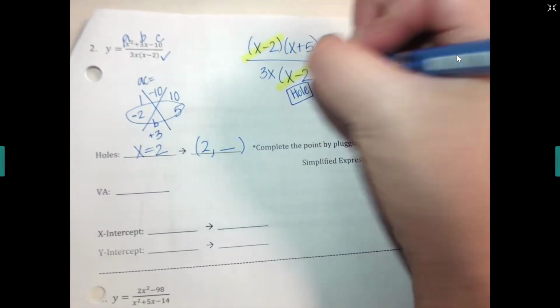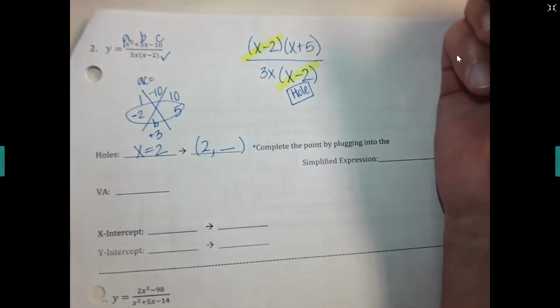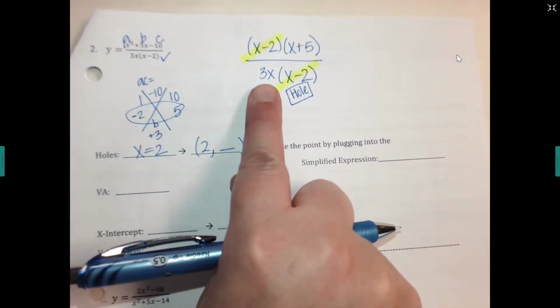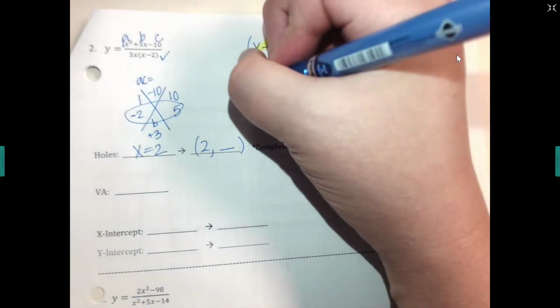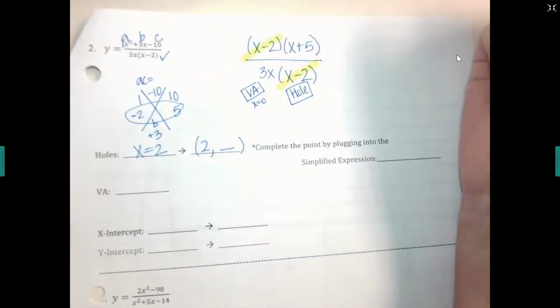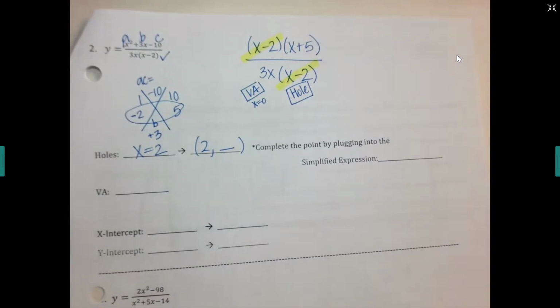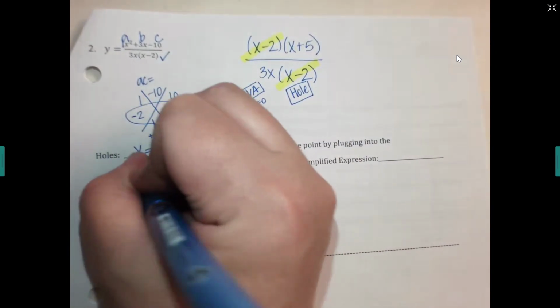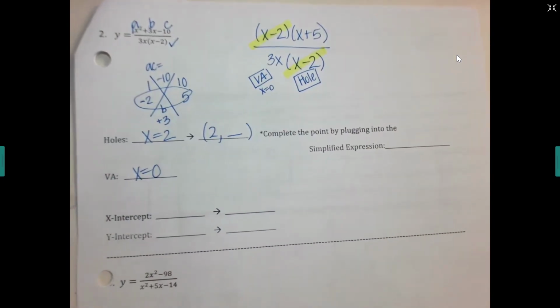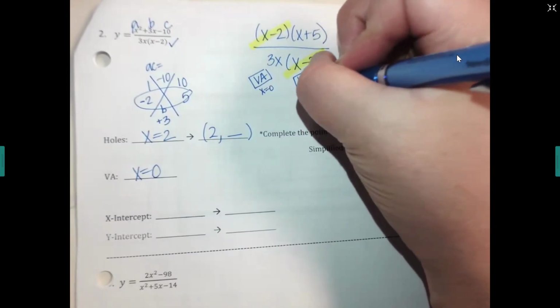Are there any x's left over still on the bottom? Yes or no? Any x's left on bottom? We have a 3x, and anytime an x is on the outside, that means that my vertical asymptote is going to happen at 0. Okay, remember, x is on the outside, always gives you 0. So put x equals 0. Okay, this was x equals 2.